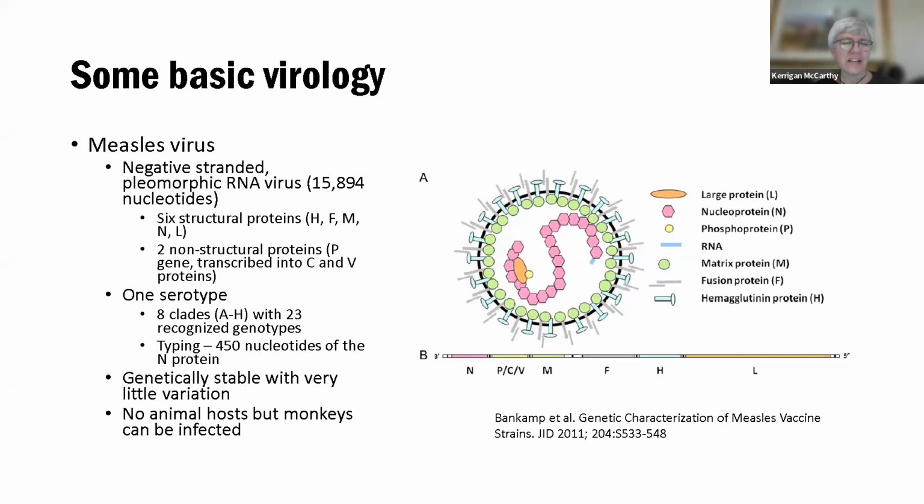But the main thing is that unlike many other viruses, it's genetically stable with very little variation from generation to generation and almost no variation over time, such that the vaccine that was developed in the 1960s is still highly potent and effective today, nearly 60 years later.